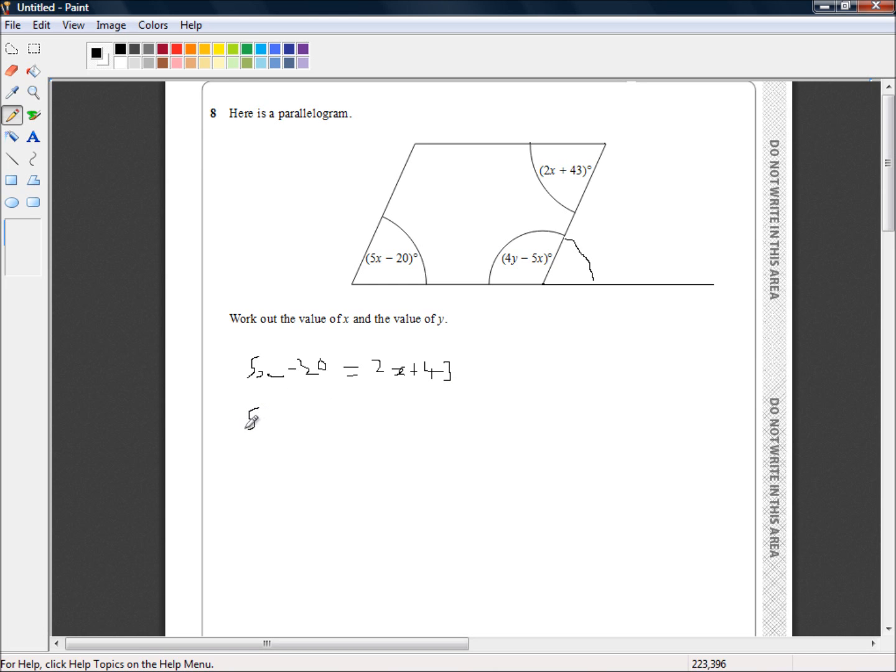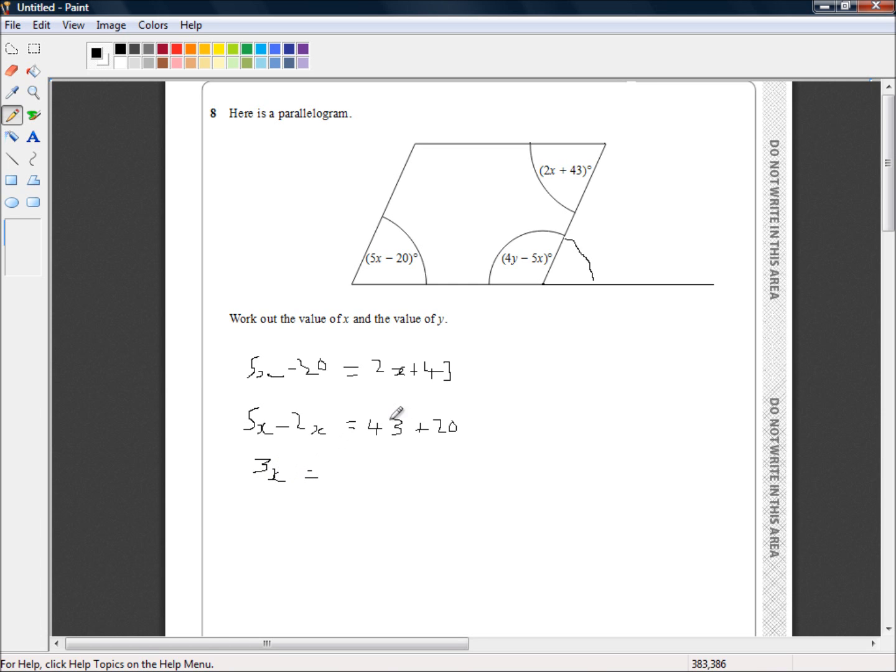So we've got 5x minus 20 plus 20 cancels out, so we've got no number terms, and the minus 2x comes over here. And then the minus 2x and the plus 2x cancel out, leaving us with the 43 plus the 20. Combining like terms, 5x minus 2x, if you've got 5x's and you take 2x's away, you're left with 3x's.